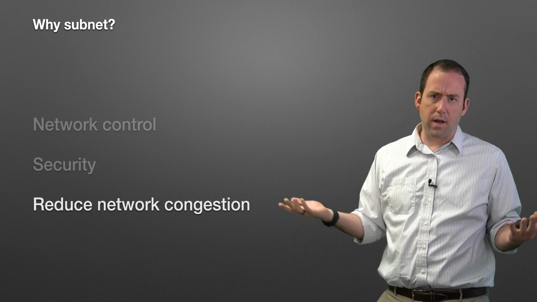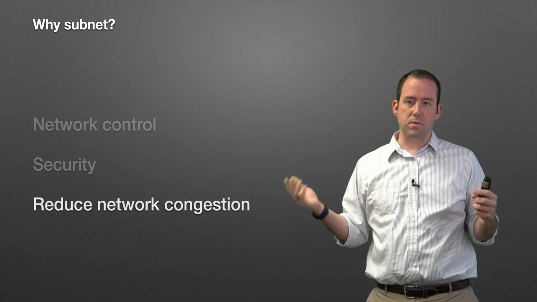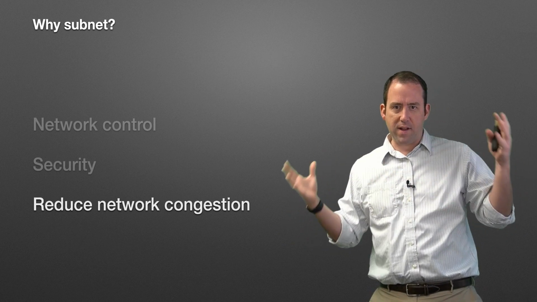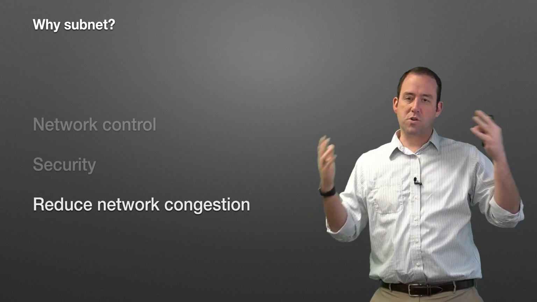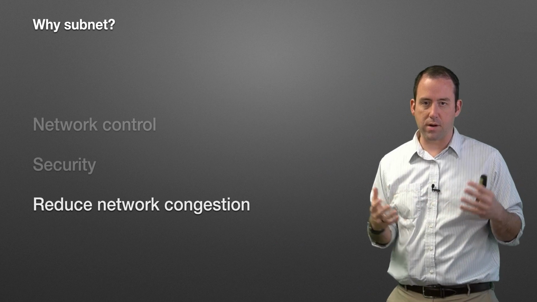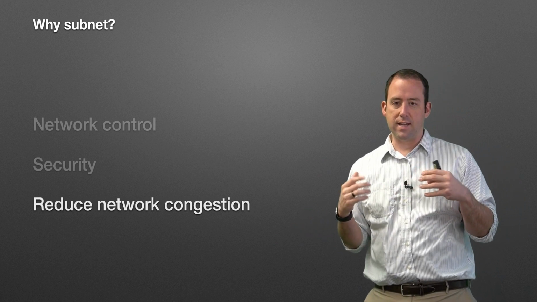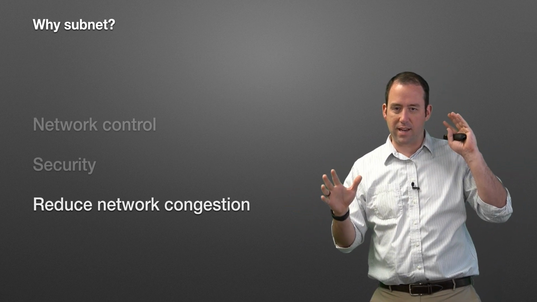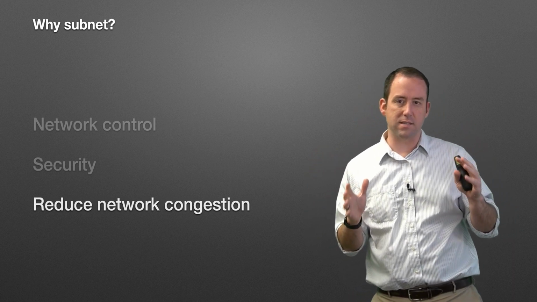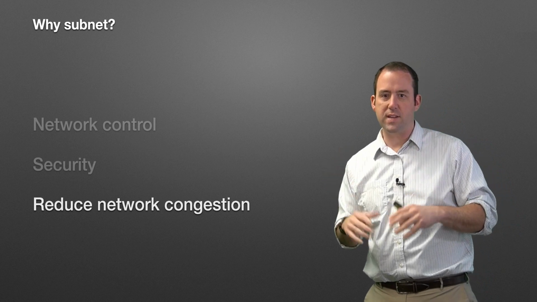And then finally, another big reason, and maybe the biggest, is to reduce network congestion. The bigger a network gets, the more traffic there is on the network, and the more traffic there is in the network, the more you run into issues potentially with network congestion. And Ethernet is specifically optimized and typically maxes out in efficiency at about 256 hosts on a network-ish, 250-ish.